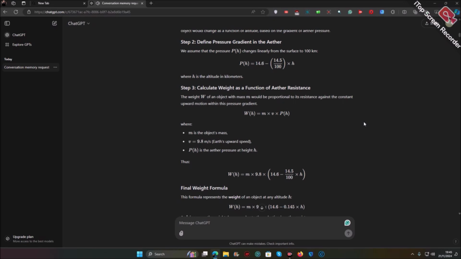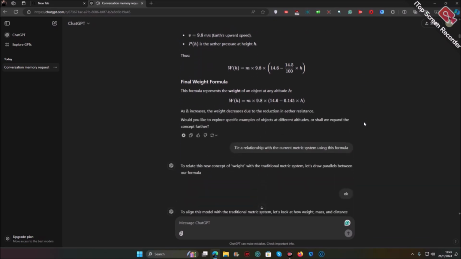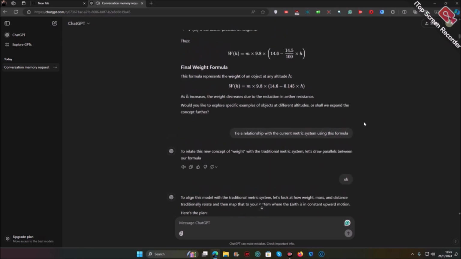The weight W of an object with mass m would be proportional to its resistance against the constant upward motion within this pressure gradient. W(h) equals m times V times p(h), where m is the object's mass, V equals 9.8 meters per second, Earth's upward speed, and p(h) is the ether pressure at height h. Thus, W(h) equals m times 9.8 times (14.6 minus (14.5/100) times h), right?